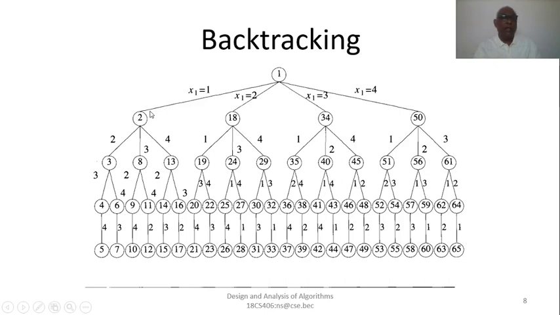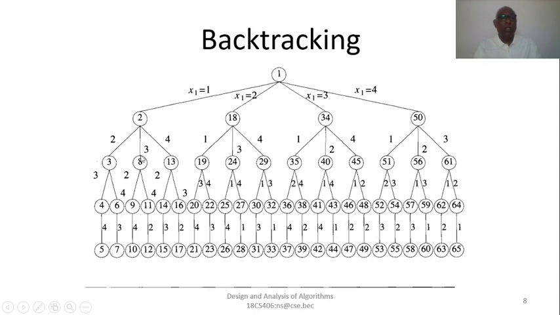So it's trivial to say that x2 cannot have the value of 1. That's why the possibility of x2 equal to 1 is not shown in this tree, and we start from x2 equal to 2, which results in this node 3.